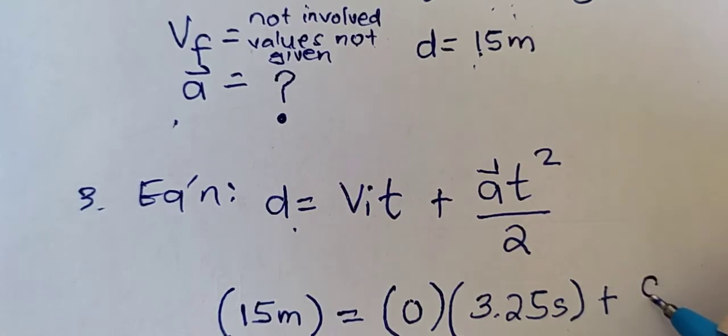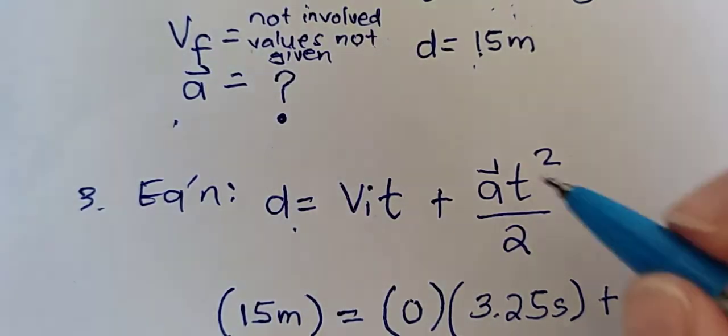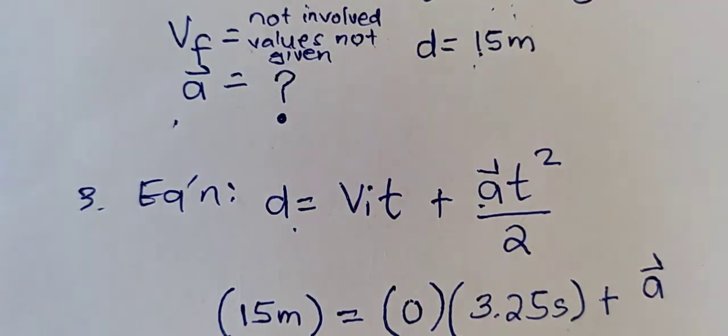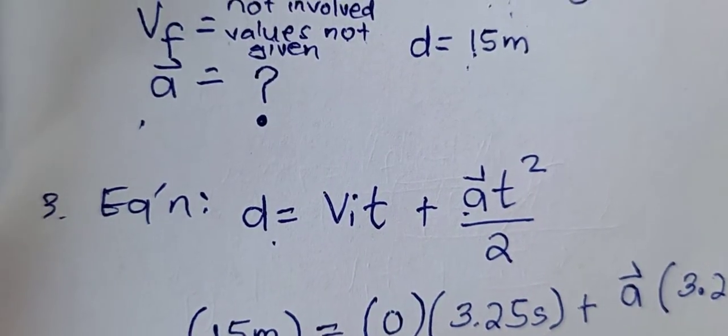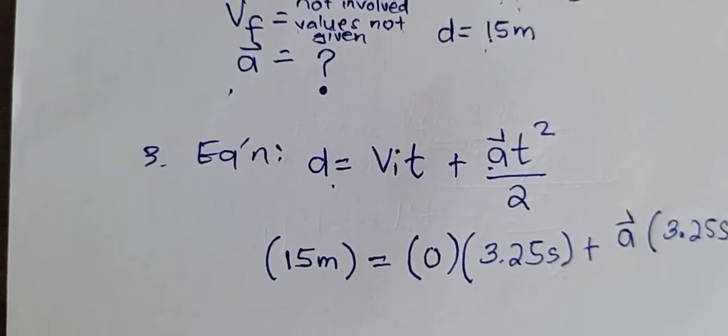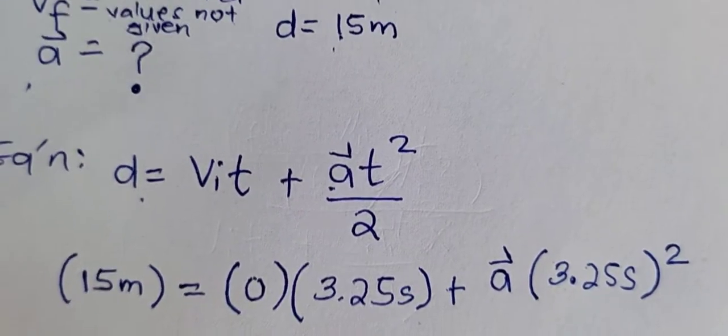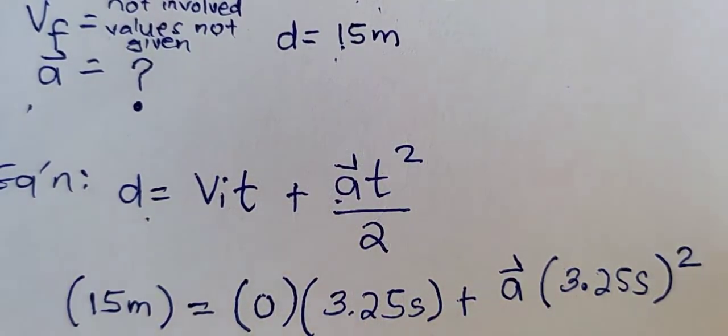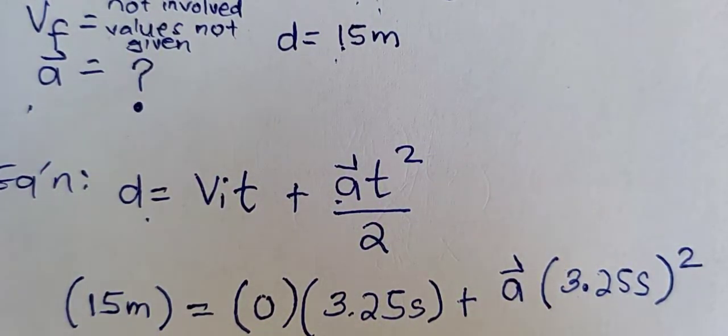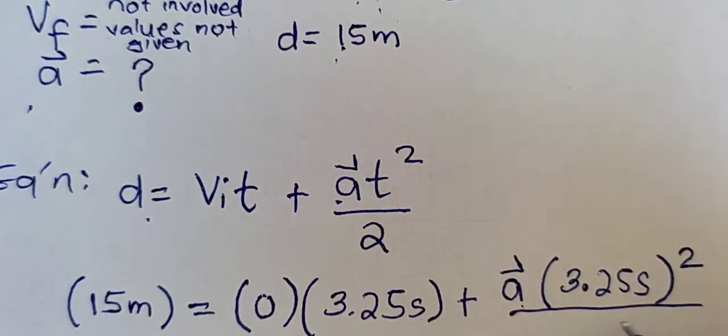That is missing, so I will write letter a only. Then multiplied by the square of time, which is 3.25 seconds, quantity squared. Next is may over 2 pa yan. So we just substitute the values.